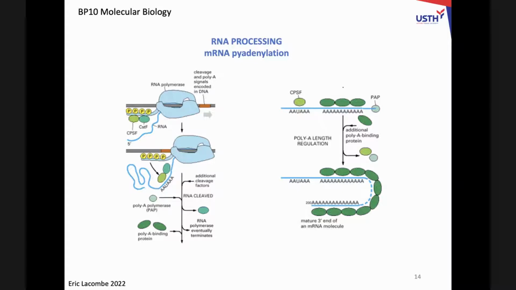It was obtained because some proteins were directly interacting with a DNA sequence at the termination site, and so POL1 has to stop. For POL2, it's completely different. It's a little bit complicated because everything is linked together.